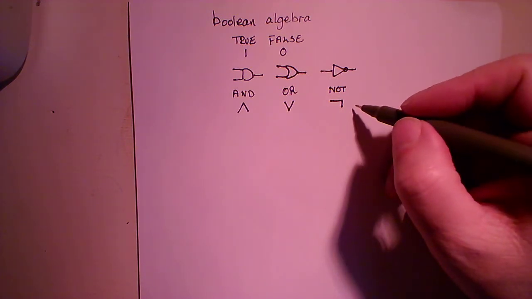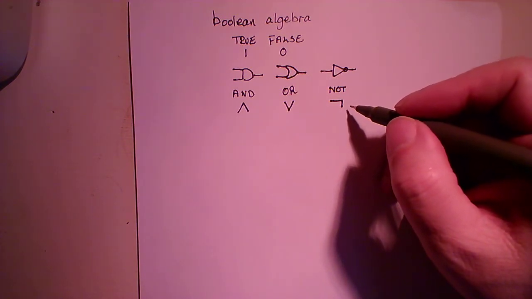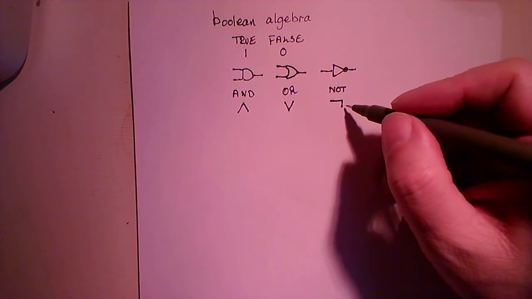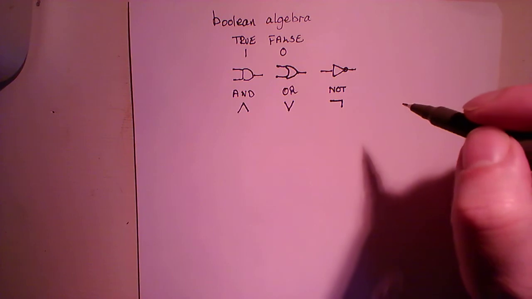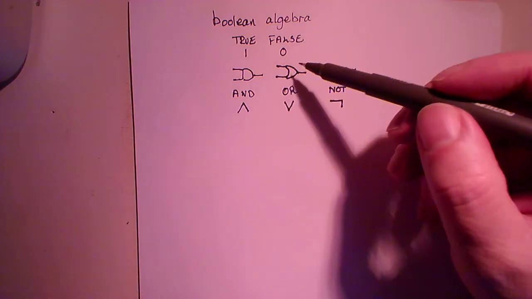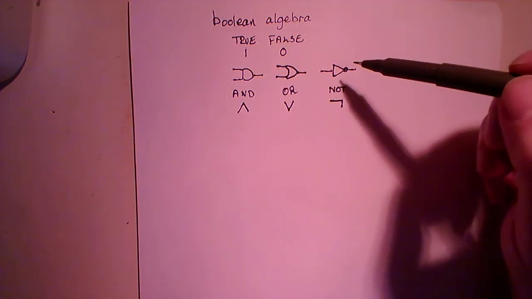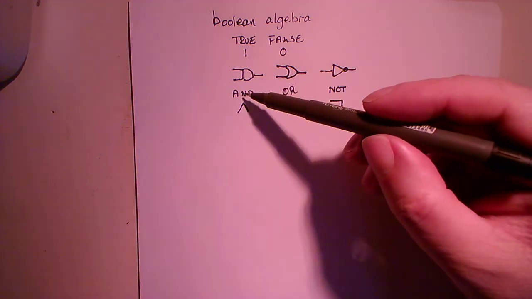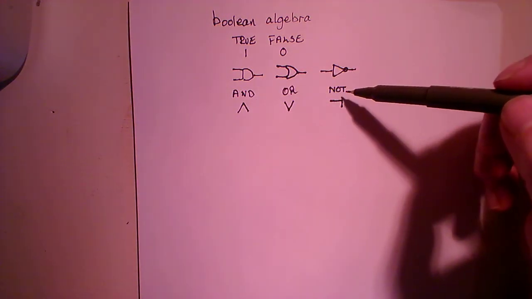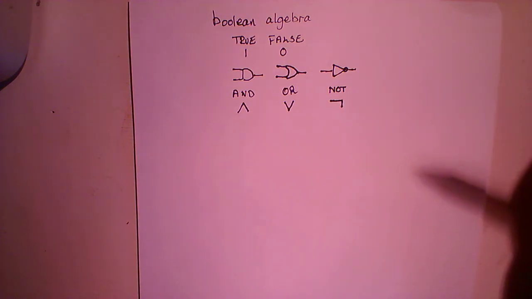This is the way that most things will be written down on a piece of paper or an exam paper. It will use these symbols, the and, the or, and the not. You will also see diagrams, just to see if you understand the logic, but in programming you would use these three words here.